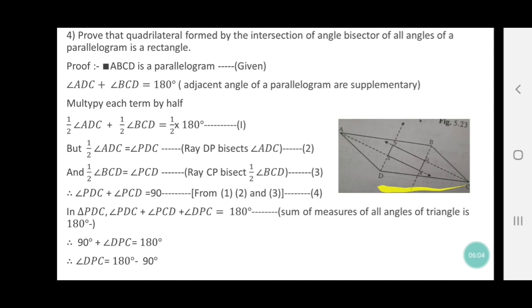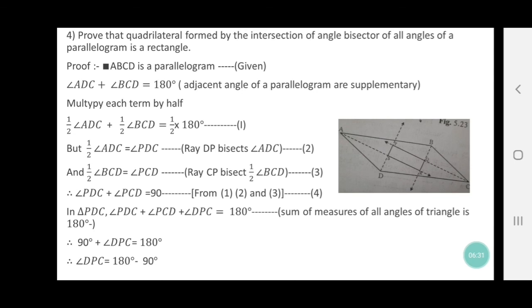Now multiply by half. So half of angle ADC and half of angle BCD is equal to half of 180 degrees. Half of angle ADC is angle PDC and half of angle BCD is angle PCD. Now angle PDC plus angle PCD is 90 degrees.